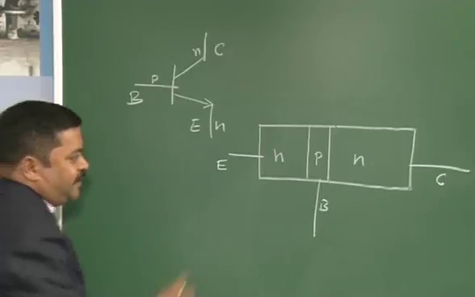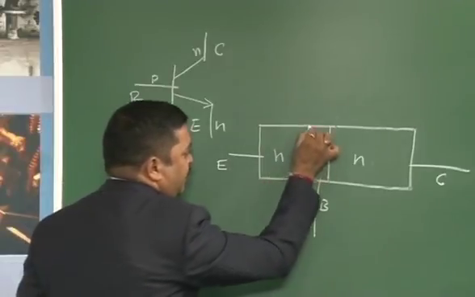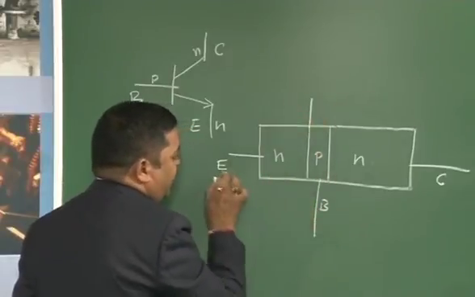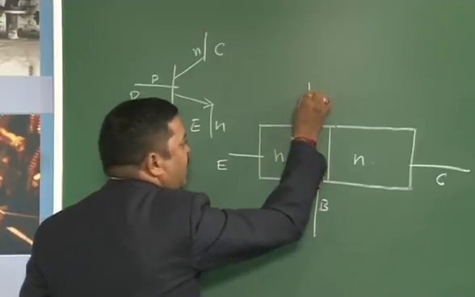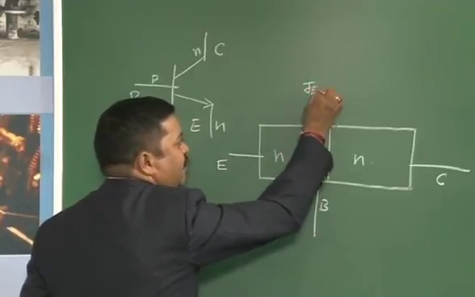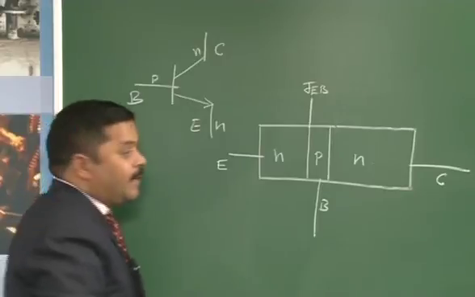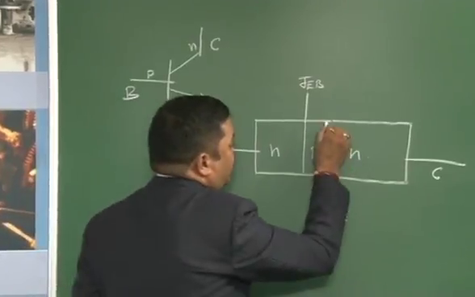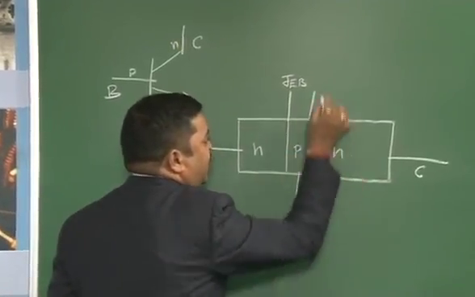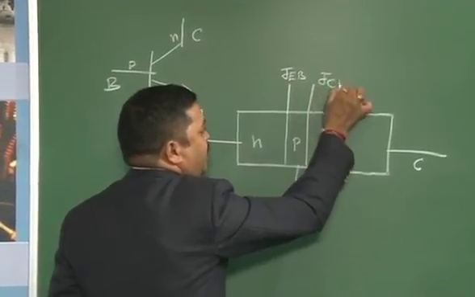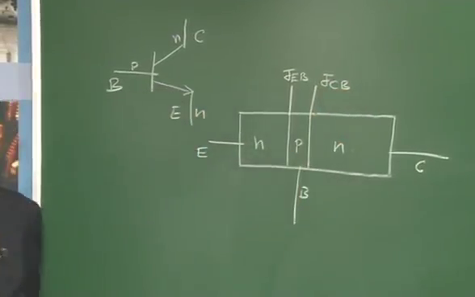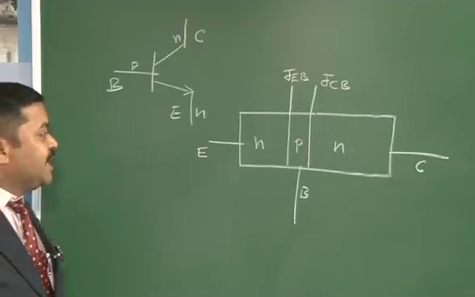In an NPN transistor, this PN junction we call the base emitter junction or emitter base junction, which we call JEB. And then here one more junction is there, this PN junction. This PN junction we call JCB, collector base junction.